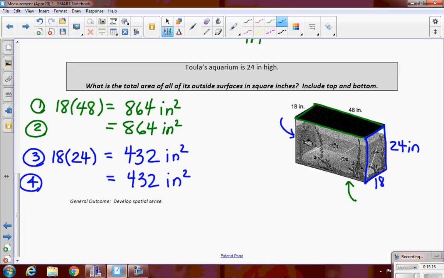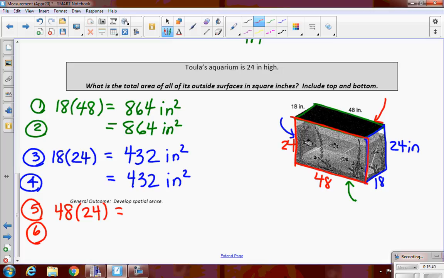Now the last part I need to look at is this big front piece of glass on the aquarium. It's 48 inches long and it's 24 inches high, but the back side of this aquarium would be exactly the same. So I would have 6 sides in total, the last one being 48 by 24, and my calculator could tell me that's 1152 square inches.